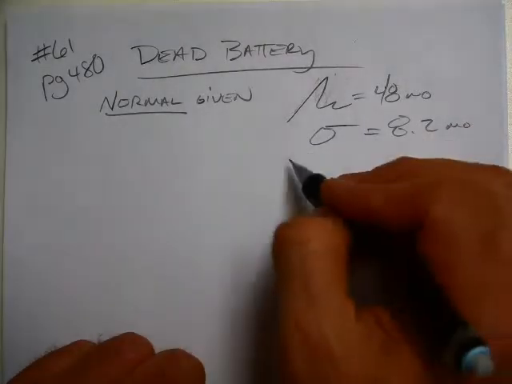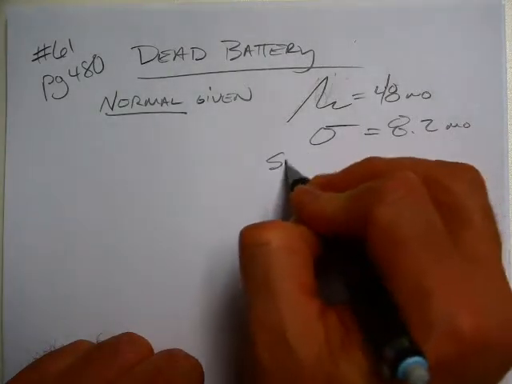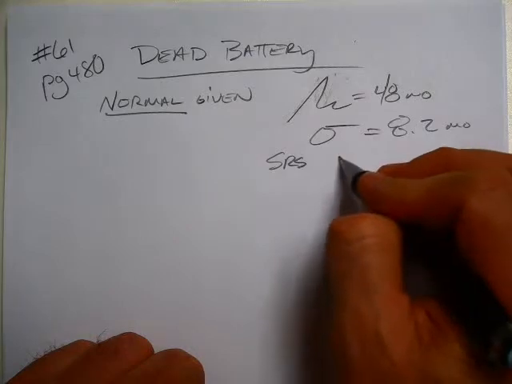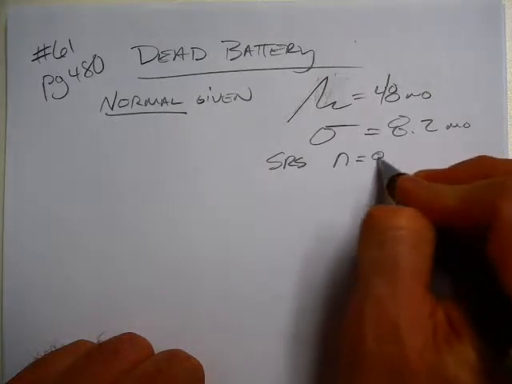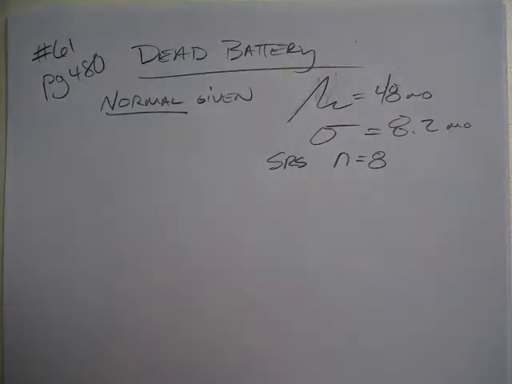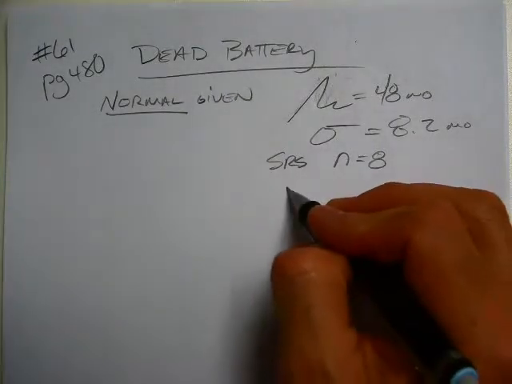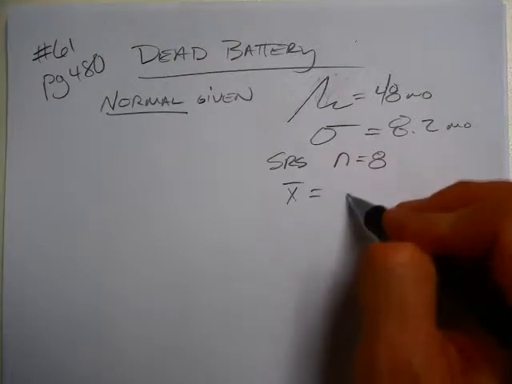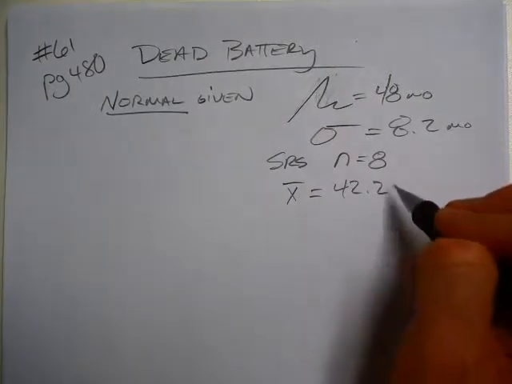And they tell us that a group takes an SRS of 8 vehicles. They put these batteries in 8 vehicles. I think we could assume an SRS even if it wasn't given. And that x bar is 42.2 months.